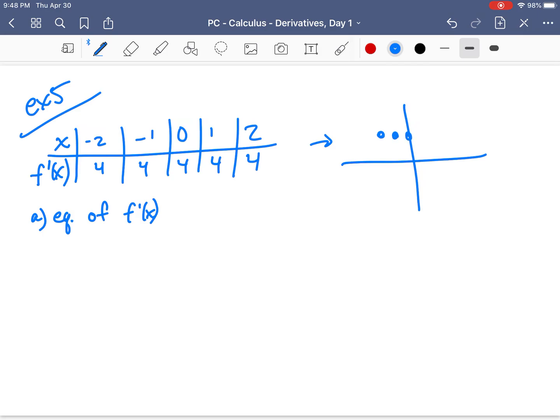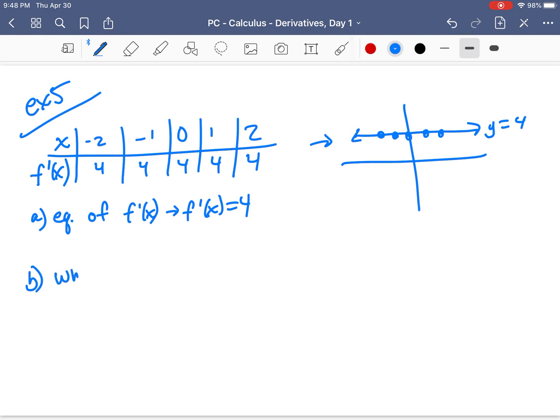At 0, it's 4. At 1, it's 4. At 2, it's 4. Look at that. You just have a line. Y equals 4. So the equation of f prime of x equals 4, the derivative, okay? So what that means is that your original problem always has a slope of 4.